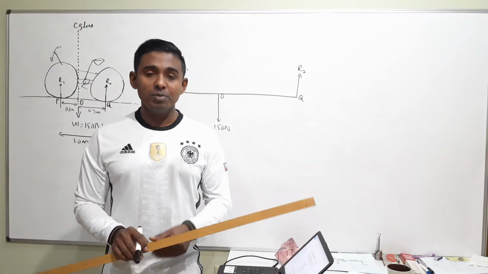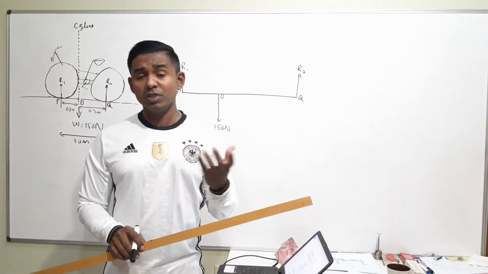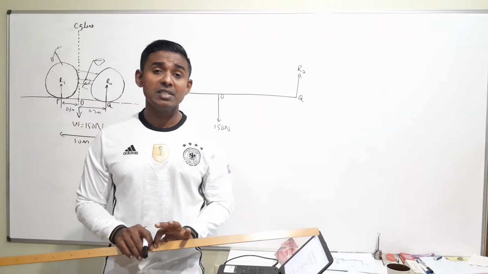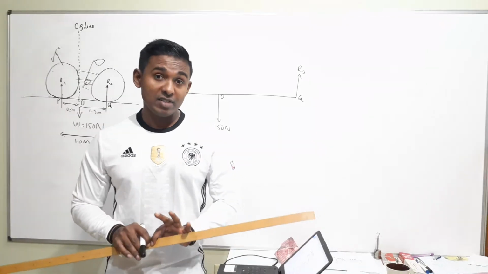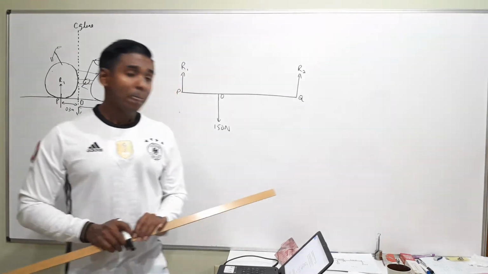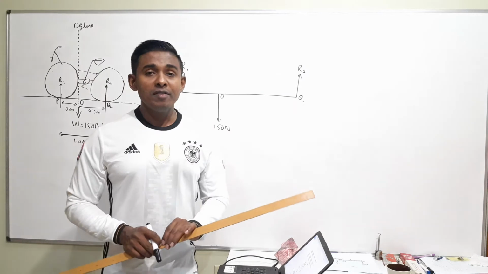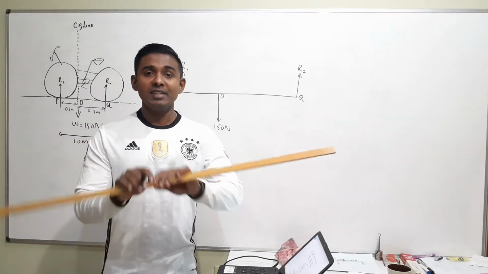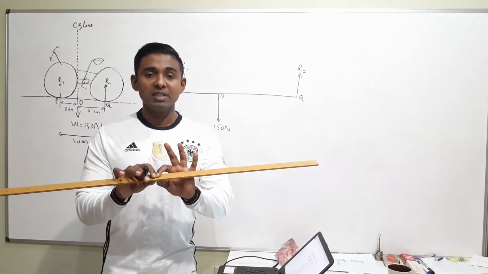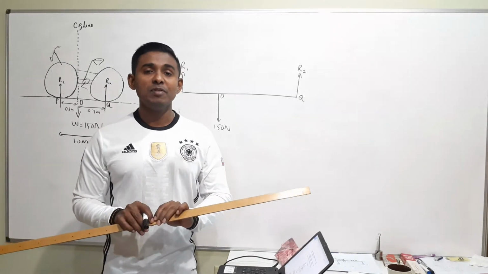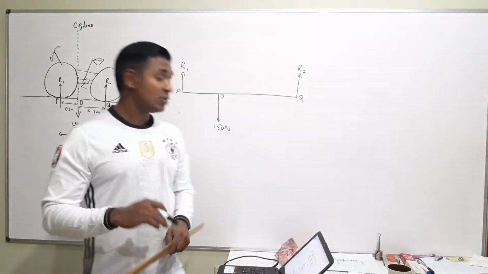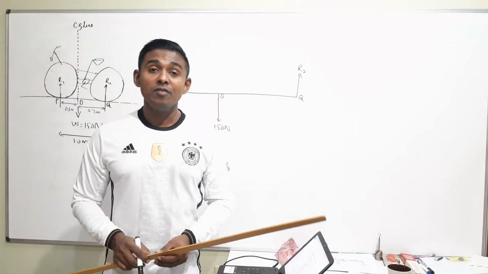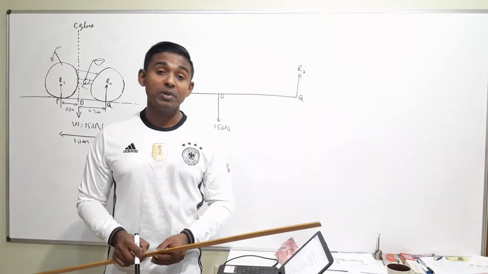Sometimes the most suitable place for the pivot is at the center of gravity. In order for us to observe a turning effect, there must be a pivot, and there must be forces causing clockwise and anti-clockwise moments.